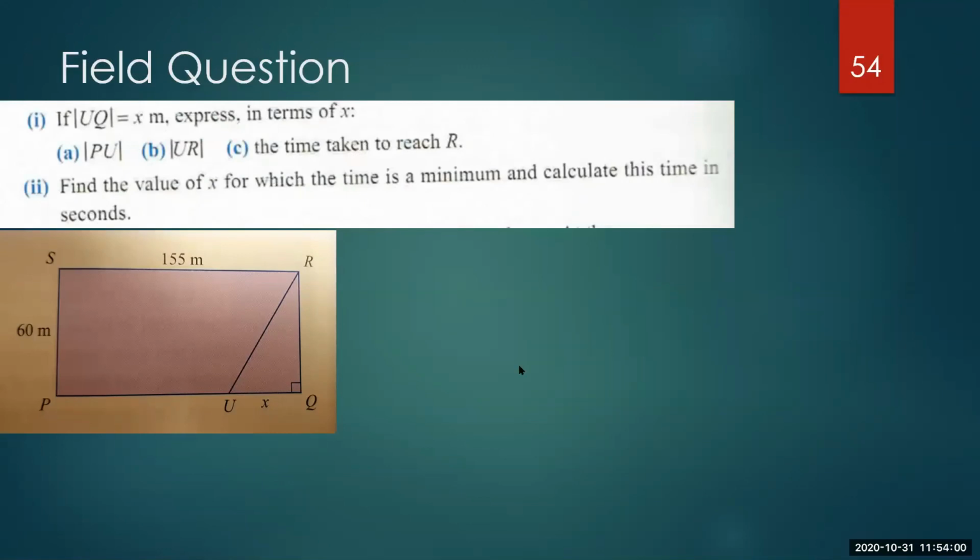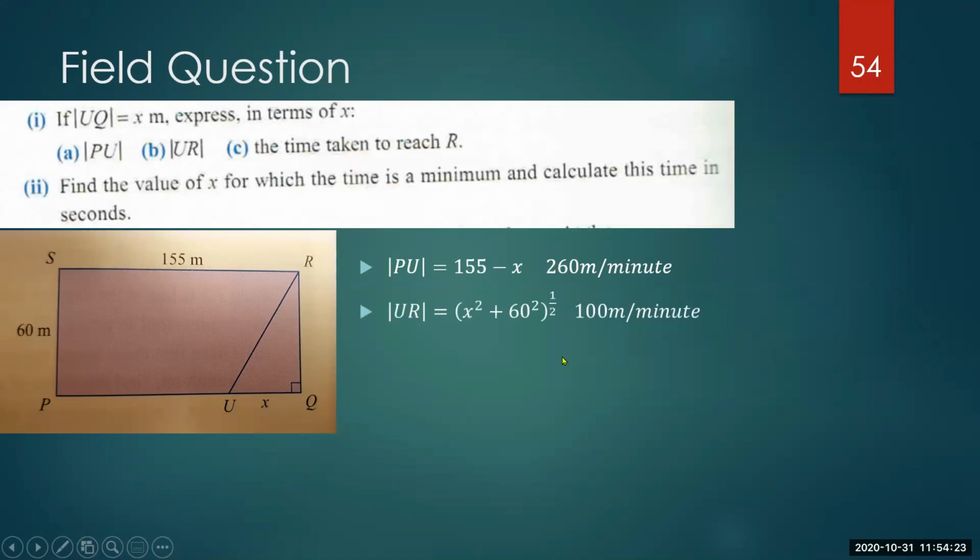So here's the same diagram just to remind you all, and the question, and we can start doing some work. So first of all, PU is equal to 155 minus X. That's 260 meters a minute for PU.